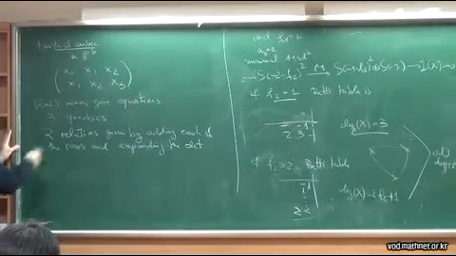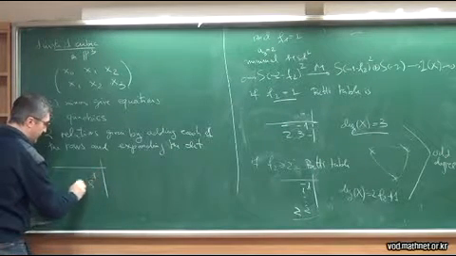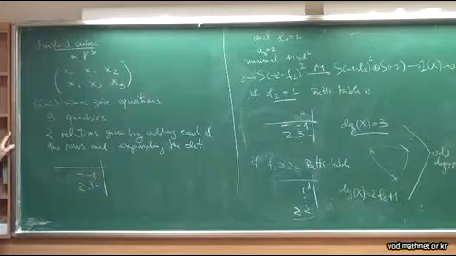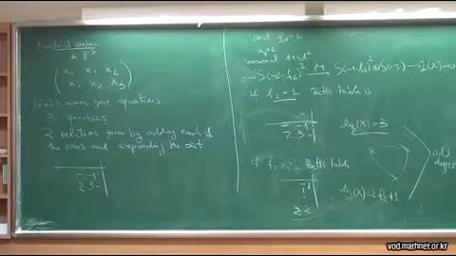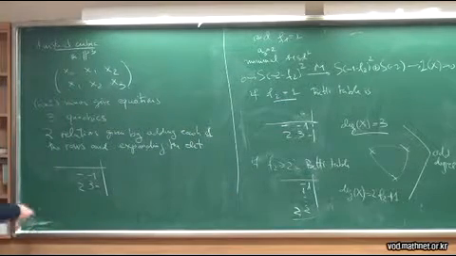So the Betti table looks like 1, 3, 2. Okay. So this is a Betti table of a twisted cubic.